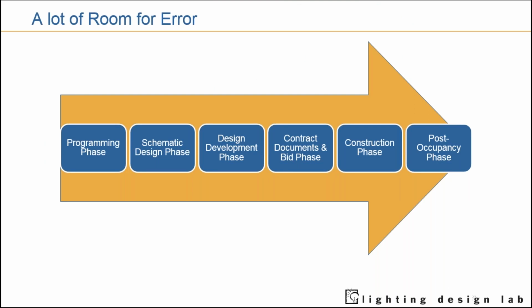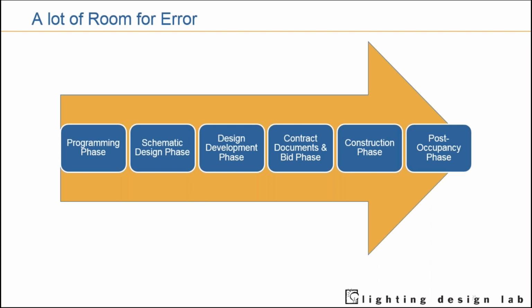When we look at the construction phases, and lighting projects are no different, there's a lot of room for error. From the time where you're getting your business requirements and writing some conceptual ideas on a piece of a napkin, all the way to where you're commissioning your building and doing post occupancy evaluations, revisions, optimization, a lot of different elements to the project phases occur.